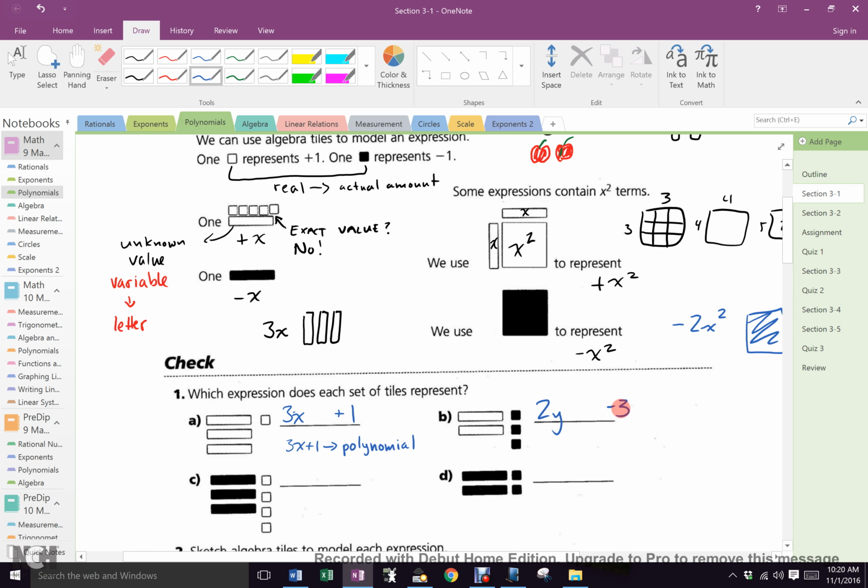Negative 3, right? That's what each group is. So now make it a single polynomial. 2y. Are you allowed to write plus negative 3? No. You're allowed to write it because that's what's really happening. But what do we really write in math class? Minus 3. Everybody cool? Yeah.